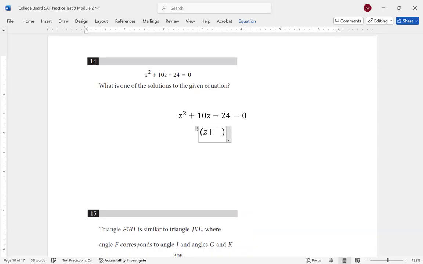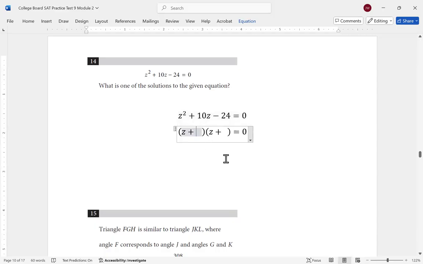We have z plus a number times another z plus a number equaling 0. The numbers that need to be put into these two slots need to multiply to give me -24 and add to give me +10.